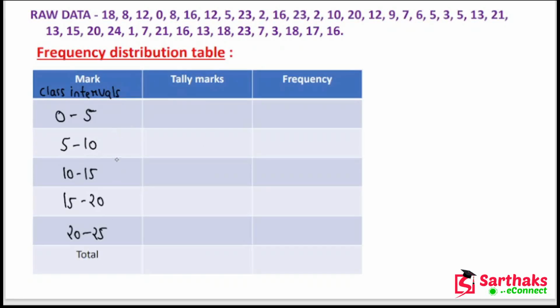Now let us start counting from 0 to 5. Okay, so 1, 5 will not be included. 2, 3, 4, 5, 6. So the frequency should be 6.